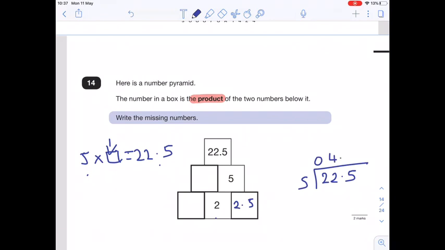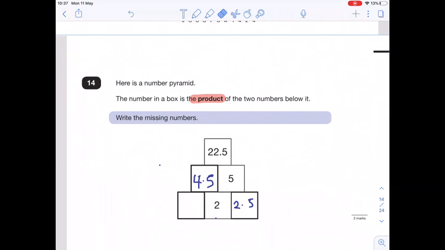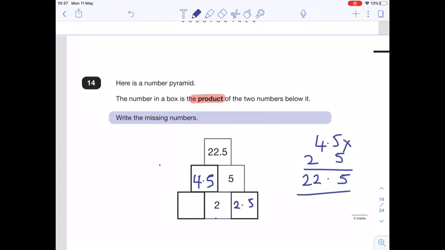Decimal point, put your 2 in. 5 into 25 goes 5, so that should be 4.5. And again, you can check that by doing it the other way around. So 4.5 times 5, 5 5s are 25, decimal point, 4 5s are 20, add the 2, gives me 22.5.